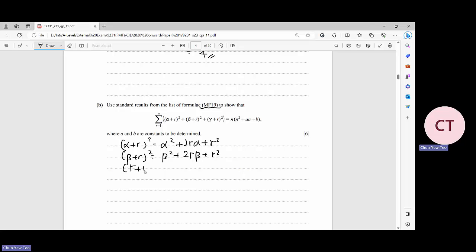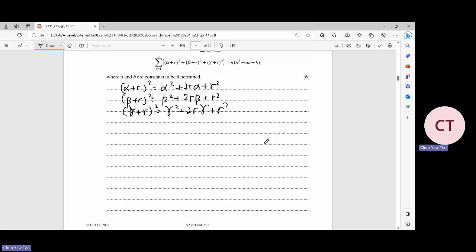And for gamma plus r, we have gamma square plus 2r gamma plus r square. Okay, so just take the three and add together.